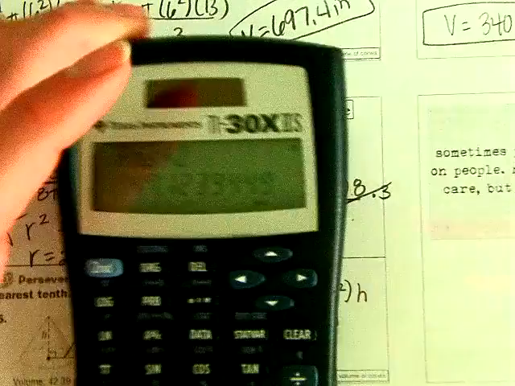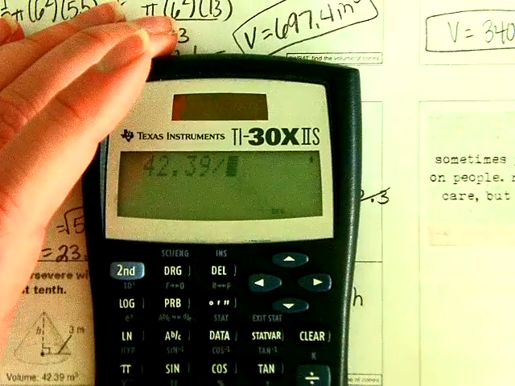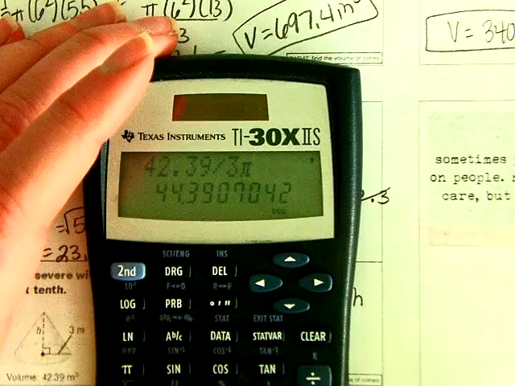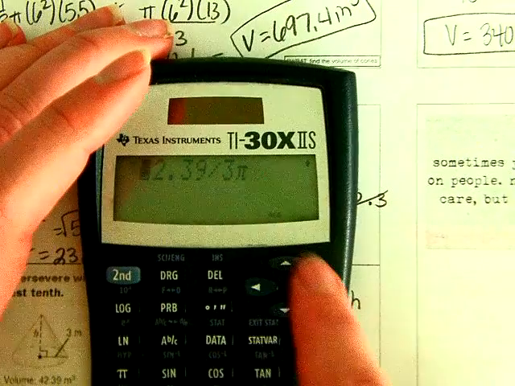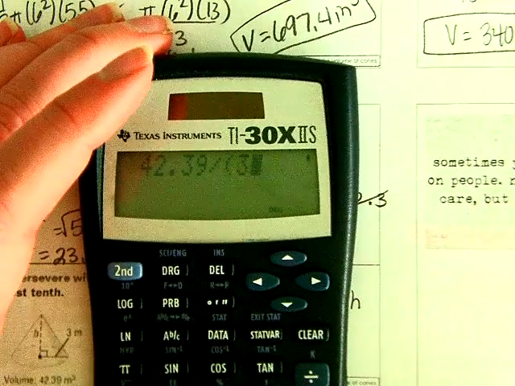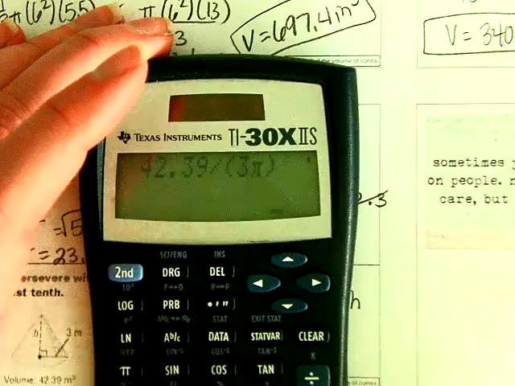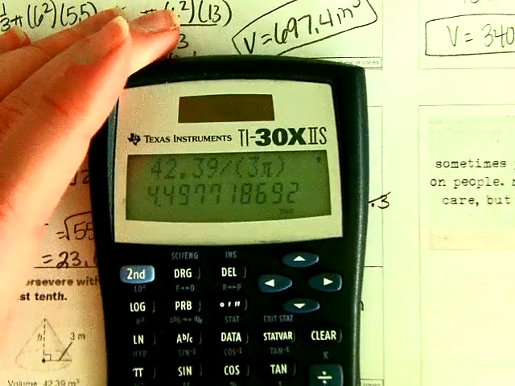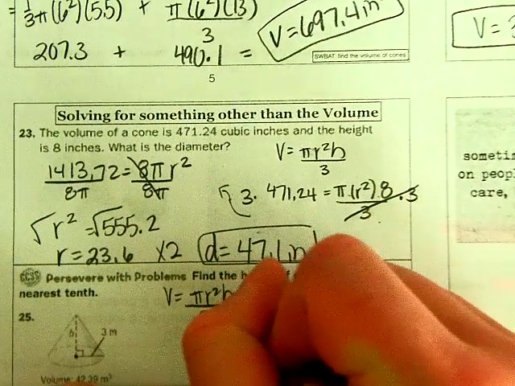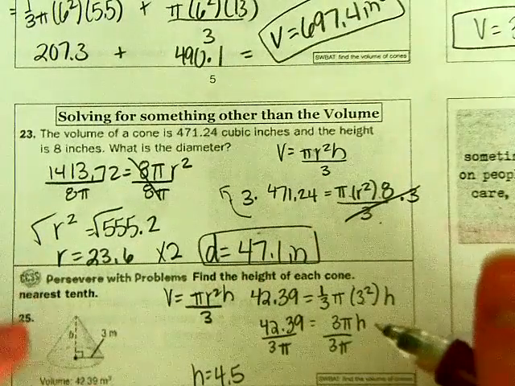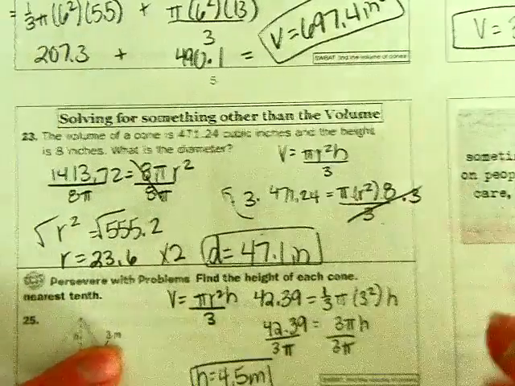So 42.39 divided by 3 pi. Oh, let's put this in parentheses. 4.5. So the height is actually 4.5 meters, and which tells me that this one is incorrect up here.